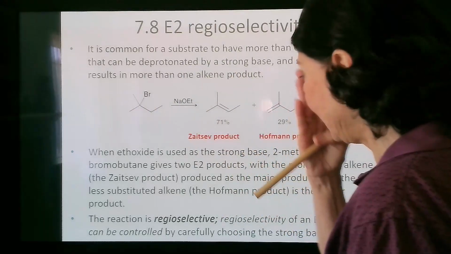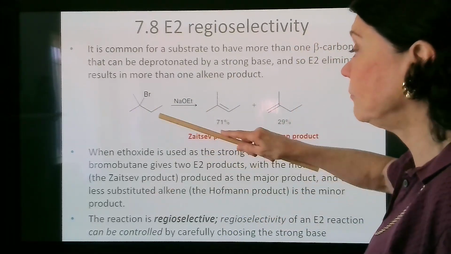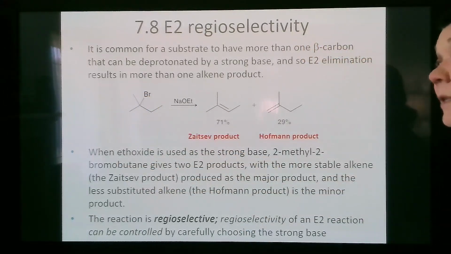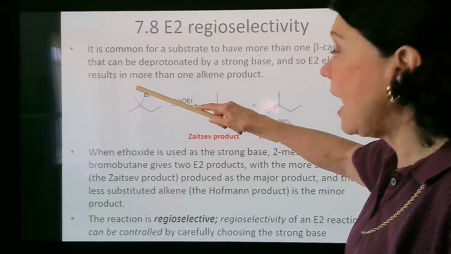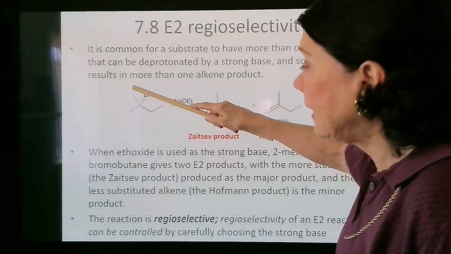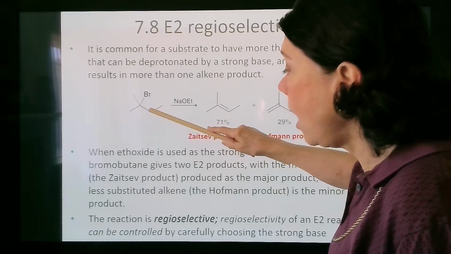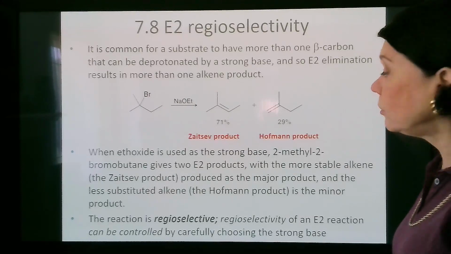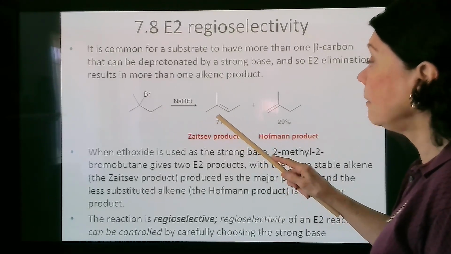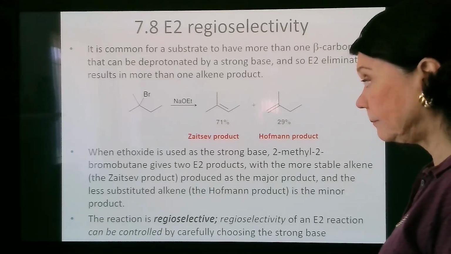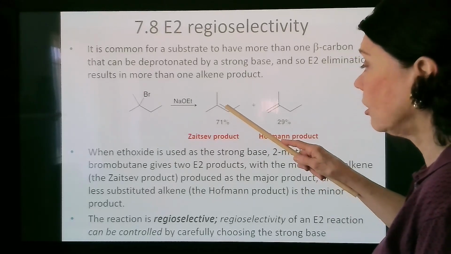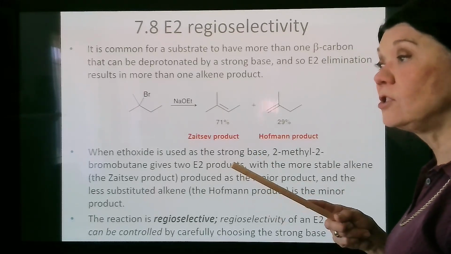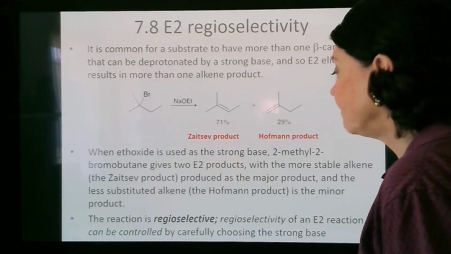So these protons are presenting themselves in a 2 to 6, or 1-to-3 ratio. And so statistically you might expect to have the products formed in a 3-to-1 ratio. But that's not what you see. What you see is a lot more of this internal alkene. And the reason is because this internal alkene is much more stable. And so that stability overrides the statistical effect.